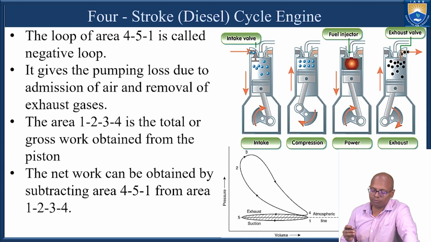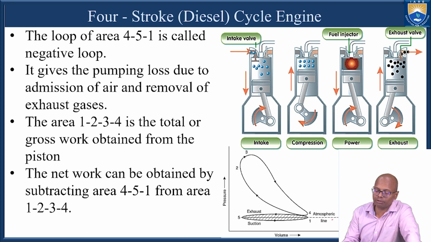The area under 1, 2, 3, 4 gives us the gross work that is produced by the CI engine, and the area between 1, 5, 4 or 4, 5, 1 will give the negative work that is taken by the suction stroke and exhaust stroke. So the net work that is produced by the CI engine is given by the area under 1, 2, 3, 4 minus the area under 1, 5, 4.